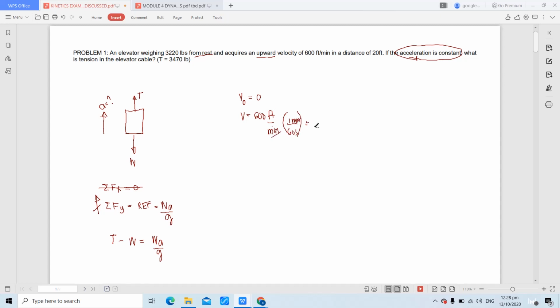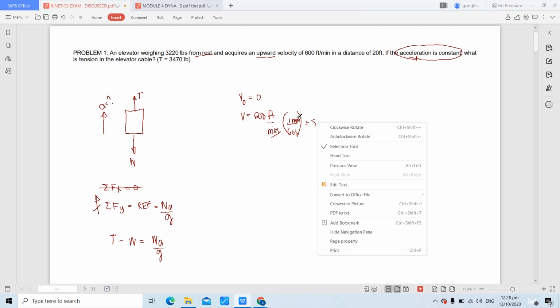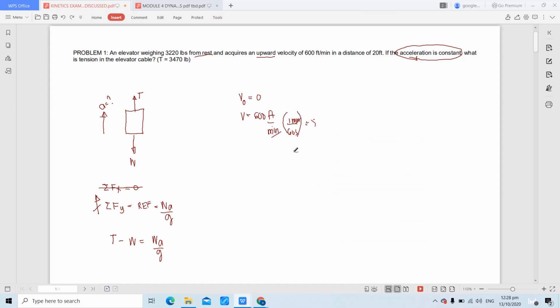That is 600 divided by 60, that is 10 feet per second. And then distance traveled is 20 feet. And then we are going to analyze the acceleration.